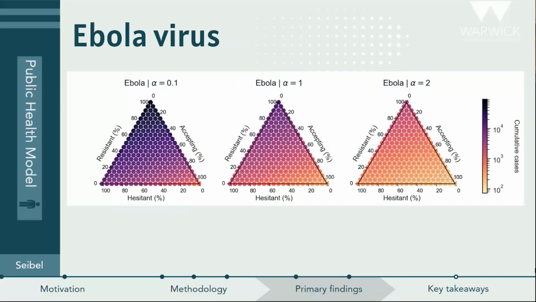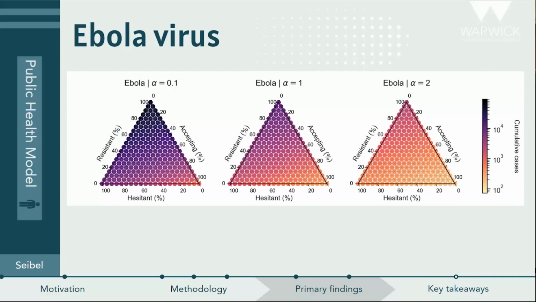What we see here is that when information sensitivity is low, so this is 0.1, and on the right is 0.2. On the left, a lower information sensitivity essentially means that you're not reacting as much to what's actually going on throughout the outbreak. So of course, we would see more cases in that situation.